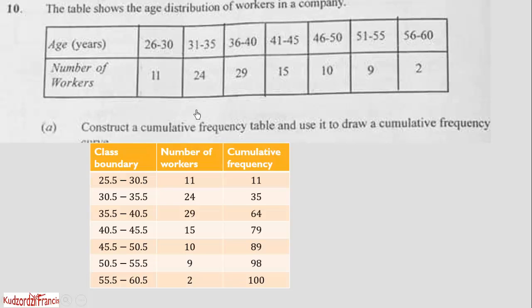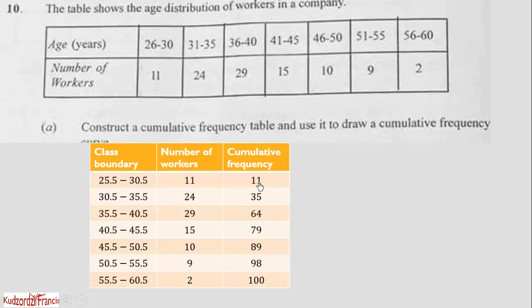So to construct a cumulative frequency table, we subtract 0.5 from the lower class limit and add 0.5 to the upper class limit, and that will give us this table. Then this is the cumulative frequency table.